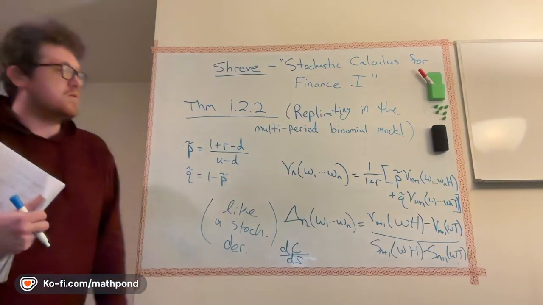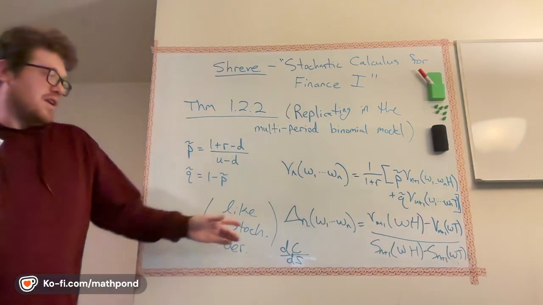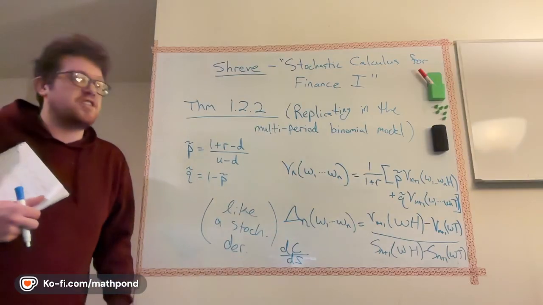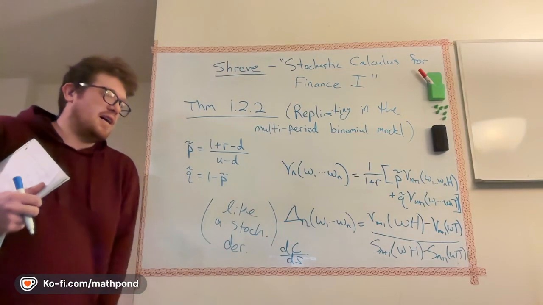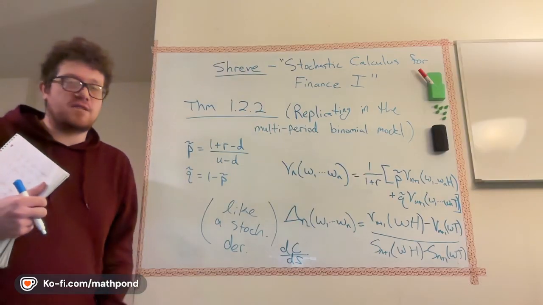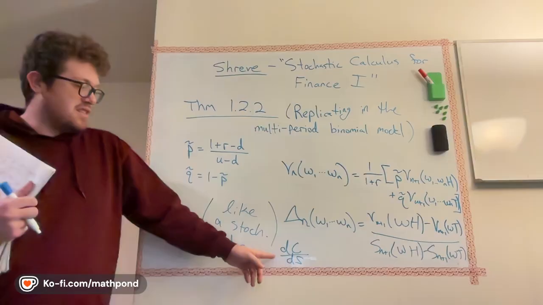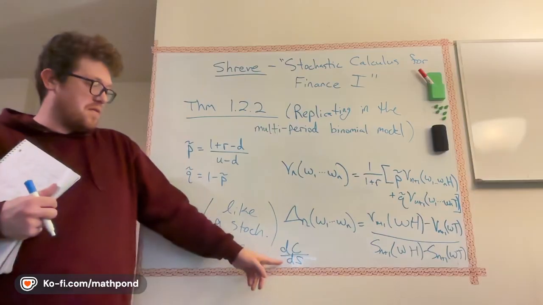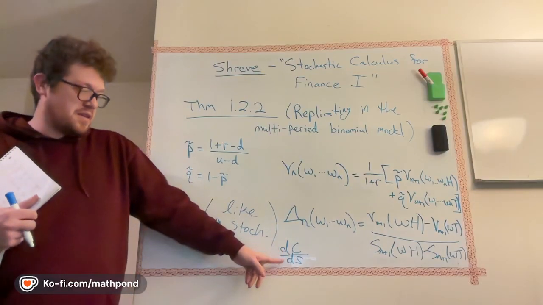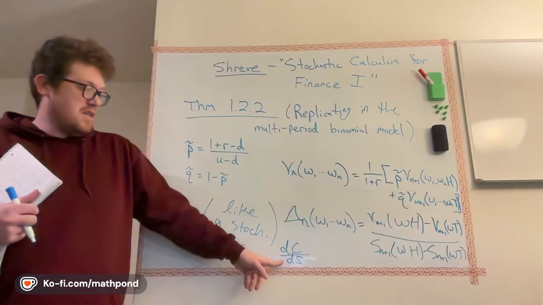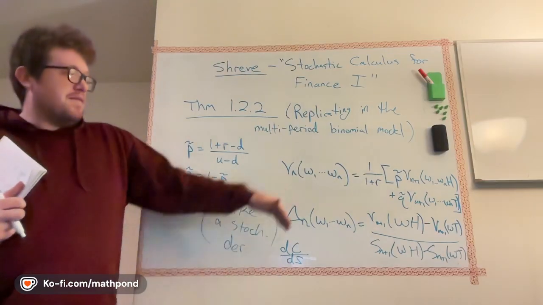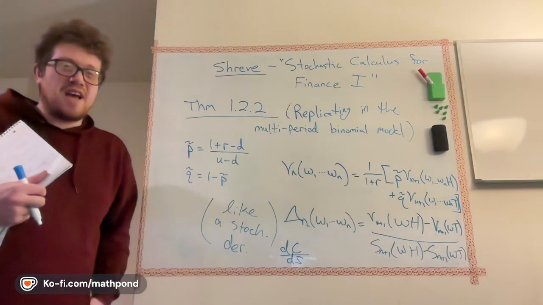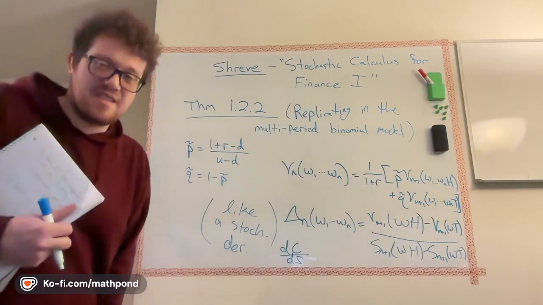So we haven't gotten there yet, but this delta is very important. This is your hedging delta, the delta of the option. And if anyone's interested in this finance stuff, does anybody know what the derivative of this with respect to the stock price is? So you have the delta. How is the delta changing with respect to the stock price? What is that usually called in finance? Does anybody know?